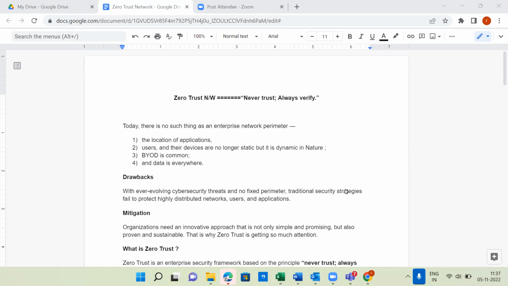Even for an internal employee, we always have to verify the identity of the person, the user, the employee. That is the general meaning of zero trust.